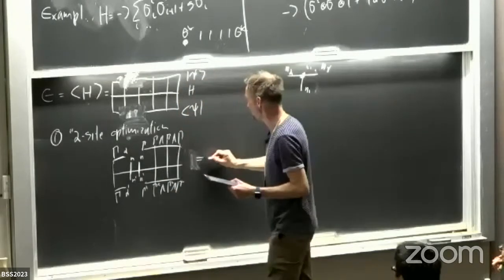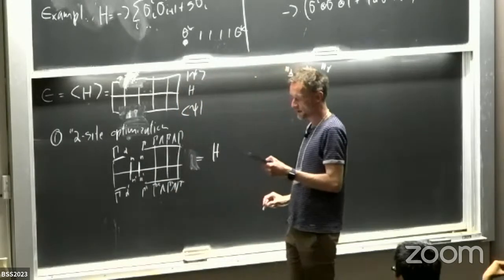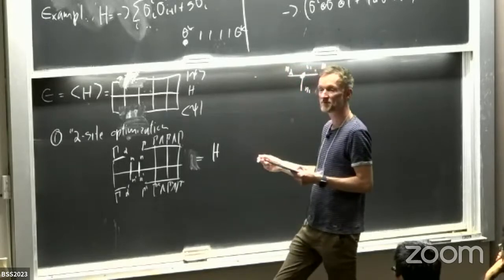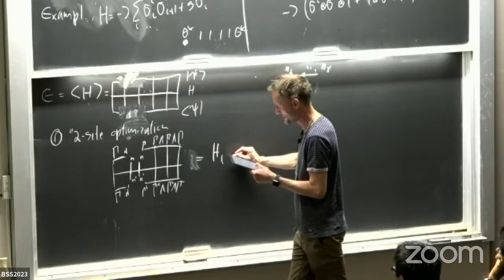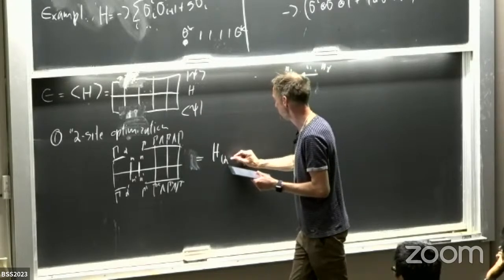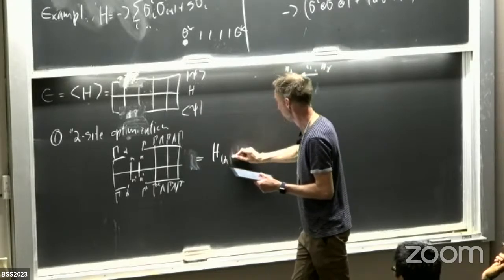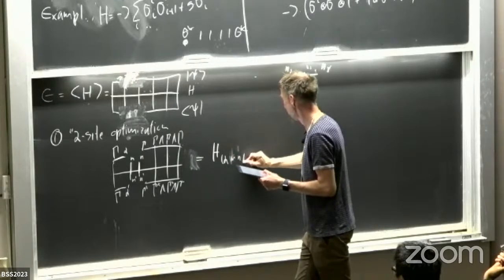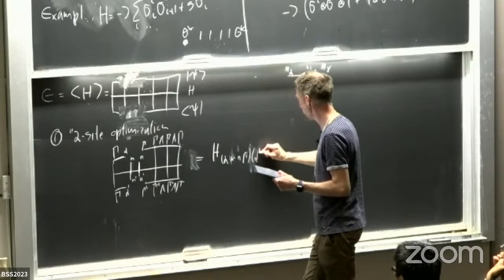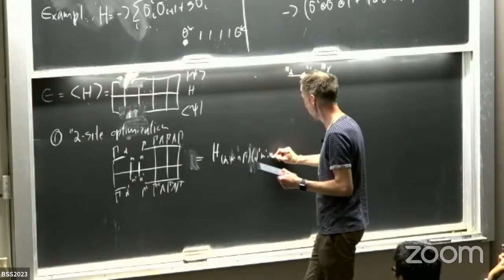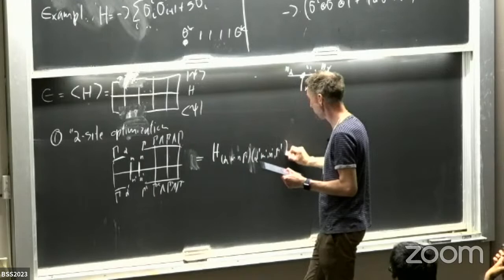And now this is a representation of the Hamiltonian in terms of this mixed basis. So now I have a matrix representation of my Hamiltonian as alpha, m, n, beta, and then alpha prime, m prime, n prime, and beta prime.